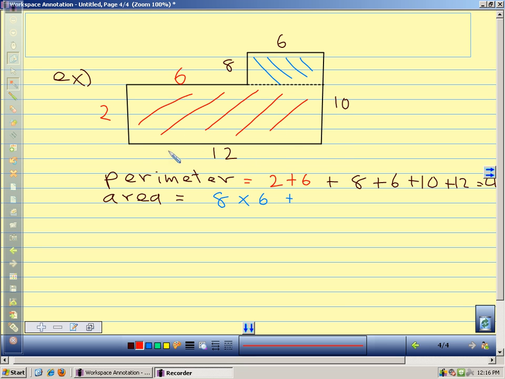This side is 12, and this side is 2. So 2 times 12. So we're going to get 48 plus 24 equals, we add those together, 72. And for this units, unit squared. You can say unit squared or square units. Either one works.